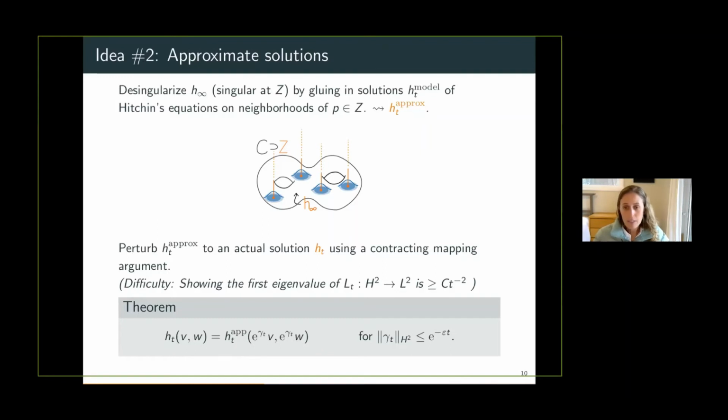Unfortunately, you have a family of operators L_T, which are degenerating and have something singular, and so the difficulty is showing that the first eigenvalue of some operator is bounded above by something. So this is an analytic result.